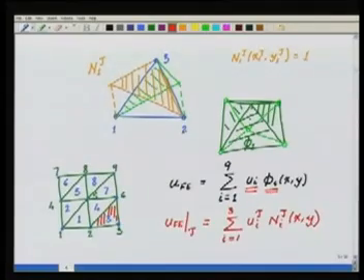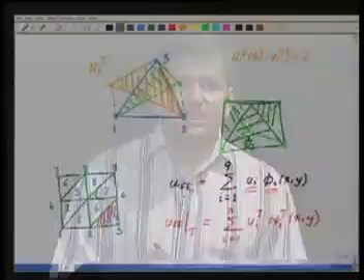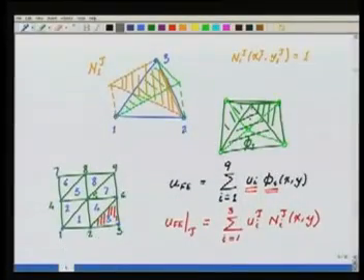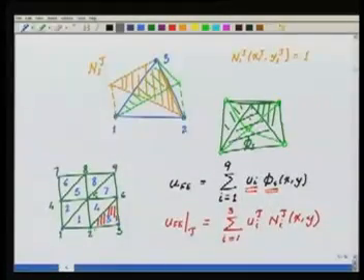Okay, and what do we mean by this? We understand that if I am in the third element, for the third element I will have a local numbering for the nodes. Remember that in the 1D case also we had defined the global numbers and the local numbers. So this could be my local 1, let me put some other numbering.